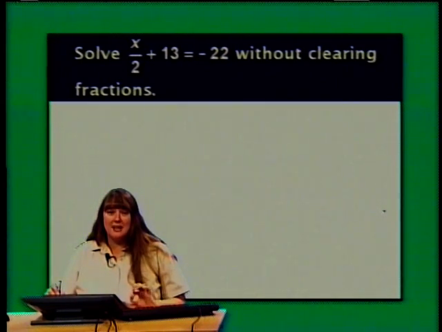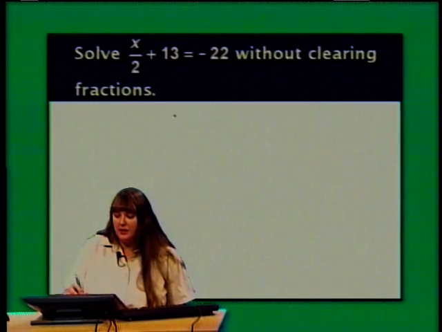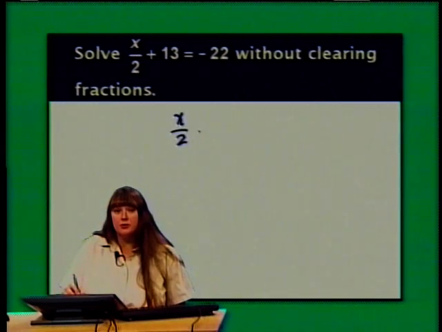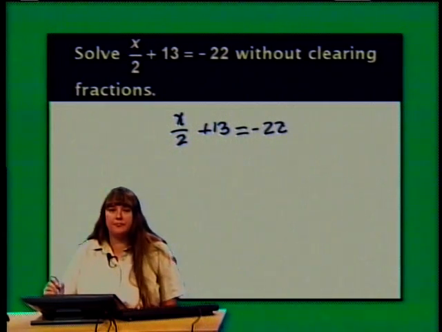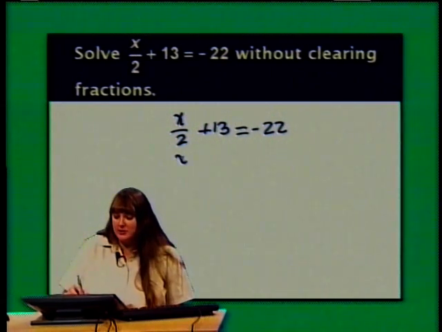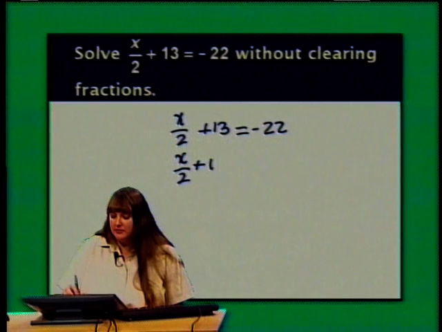Now let's look at the same equation and let's try solving it without clearing fractions first. So again, starting with x over 2 plus 13 equals negative 22. If I ignore the fact that I have a fraction x over 2 and I just try to isolate that variable term, I'm going to move my constant terms to the right-hand side. I can do that by subtracting 13 from both sides of the equation.